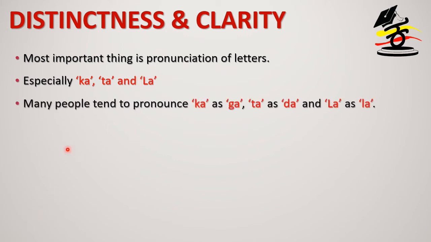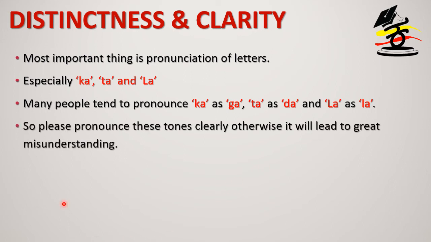For example, many people tend to pronounce ka as ga and ta as da, just because there is no difference in their language between ka and ga and ta and da. And there are two different letters called la and la. I think you are catching my pronunciation. It is la and la, and both are different in Kannada.